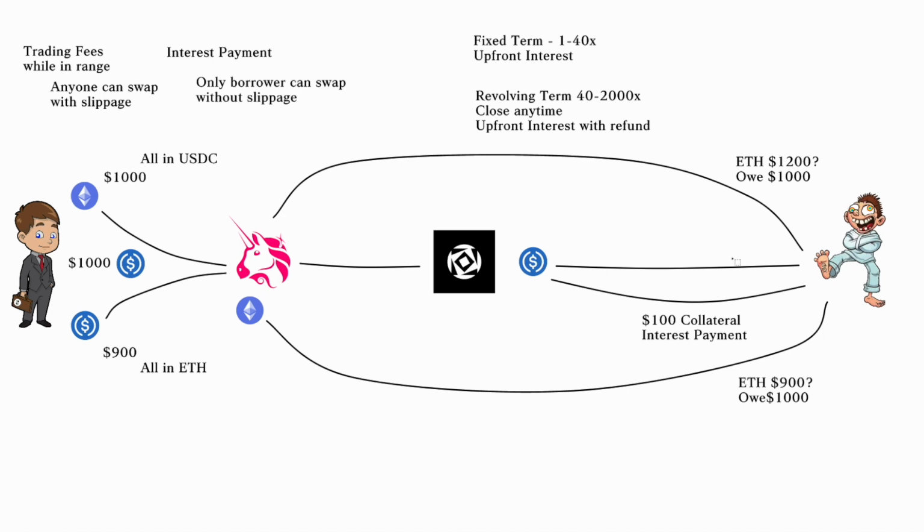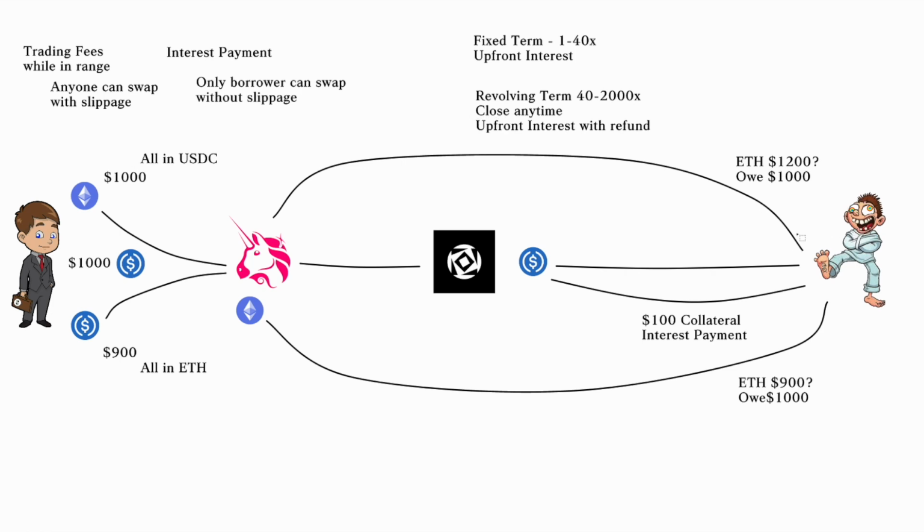He can sell in and out of USDC and ETH as much as he wants during that term period. But he can't actually close the position. He's paid all the interest for the entire time, so those assets are allocated to him for that time. I'm sure he could probably close it down. It doesn't say that in the white paper, but maybe he could, but he's not going to get any of his interest payments back, okay?